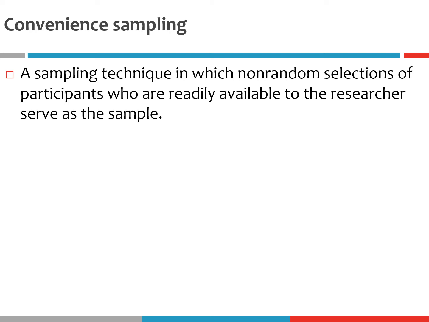Convenience sampling is a technique in which non-random selections of participants who are readily available to the researcher serve as the sample. So again, for example, suppose you wanted to learn about the opinions of students at Mercer regarding a proposed tuition increase.